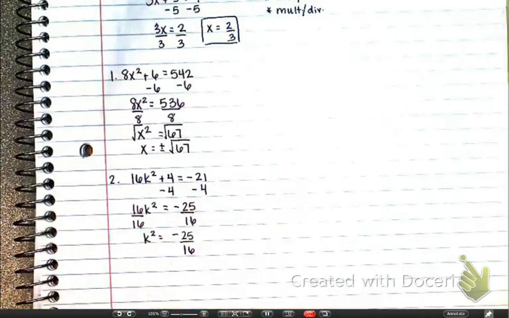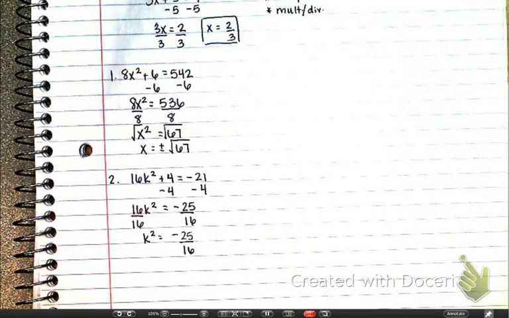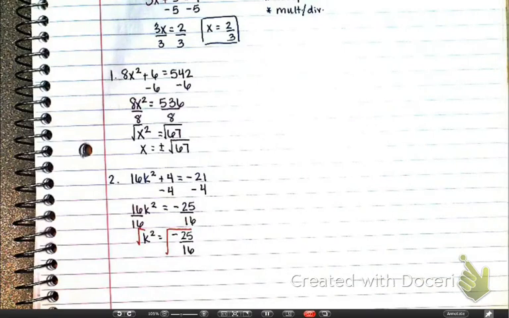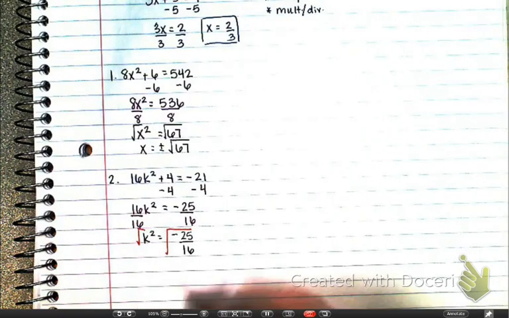So there's a couple things here that we're going to have to deal with. We have a fraction. If you can reduce the fraction before you take the square root, it's helpful. If you don't want to and want to take the square root and then reduce, that's fine too. But we are going to take the square root of both sides. And if you remember from yesterday's lesson, anytime you are taking the square root with a fraction, you are going to take the square root of the numerator and then take the square root of the denominator. So the square root of k squared is k.